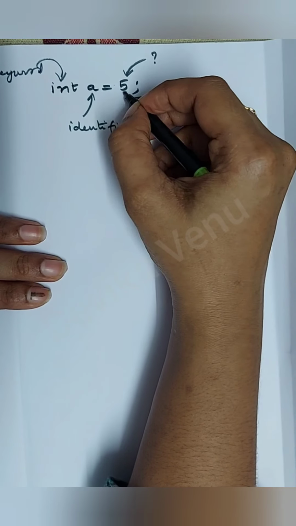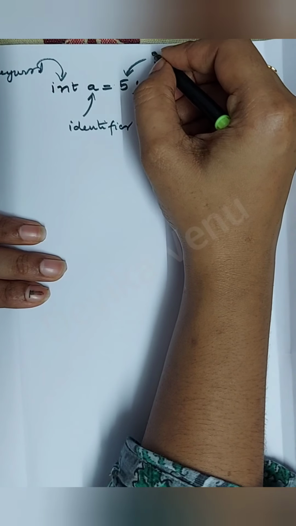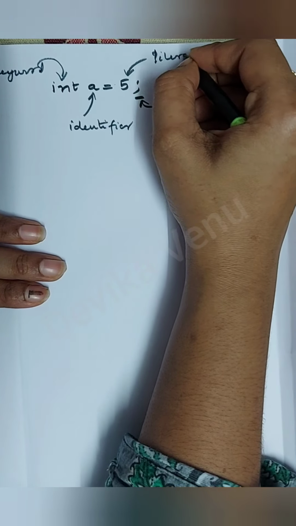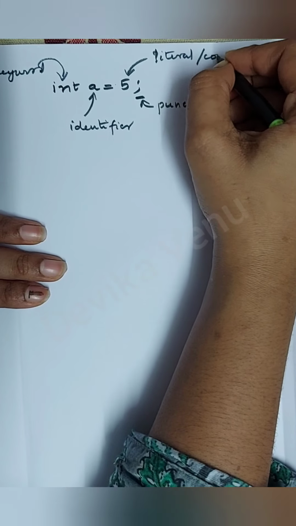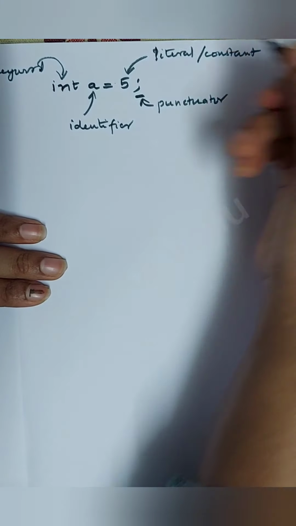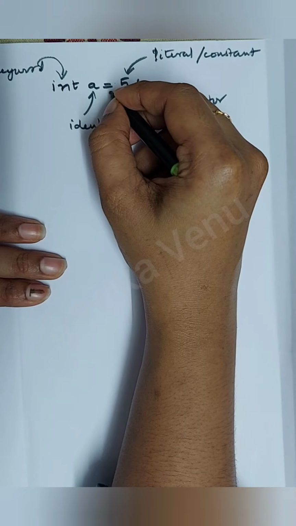So here in this example you don't know what this is, so you can call this a literal or a constant. Okay, and the last one is an operator.